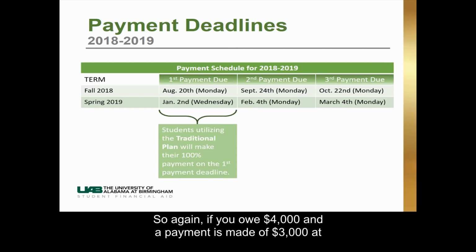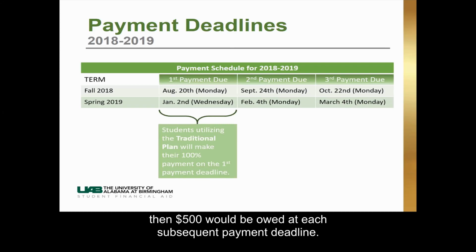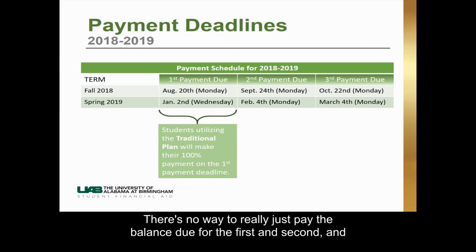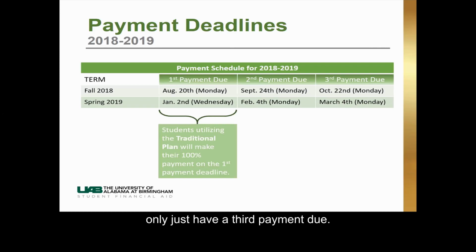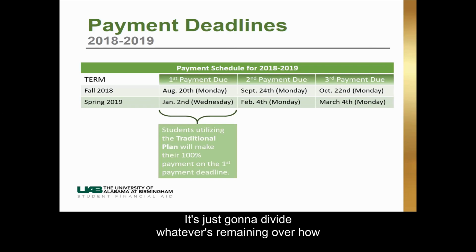No. If you owe $4,000 and a payment of $3,000 is made at the first payment deadline, giving you a balance of $1,000 left, then $500 will be owed at each subsequent payment deadline. There's no way to just pay the balance due for the first and second and only have a third payment due. It's just going to divide whatever's remaining over how many payment deadlines are left.